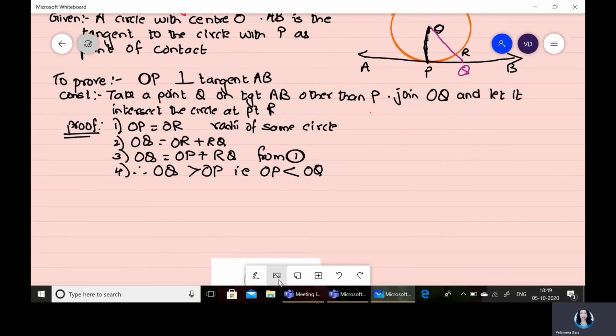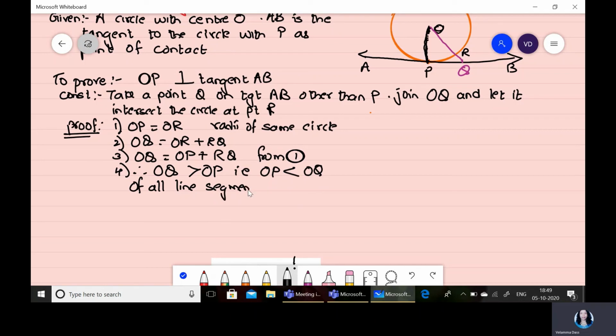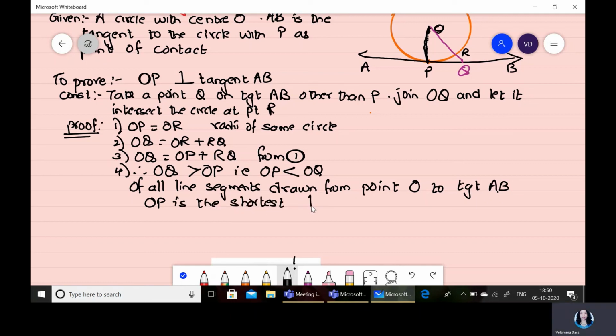So here we can have an argument and say that of all the line segments drawn from point O to tangent AB, OP is the shortest distance. Therefore, OP is perpendicular to AB.